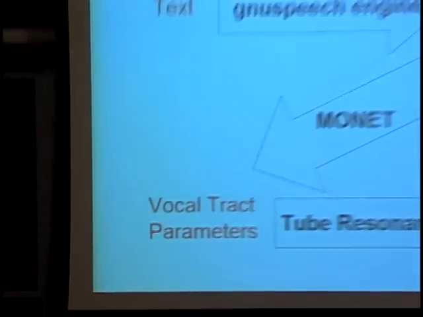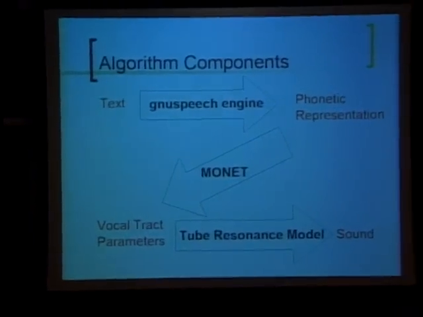So, GNU Speech is basically made up of three different major parts. The first of which is just called the GNU Speech Engine. The second of which is probably the largest part, which is called MONET. And then the tube resonance model, which is the final part that actually outputs the sound.